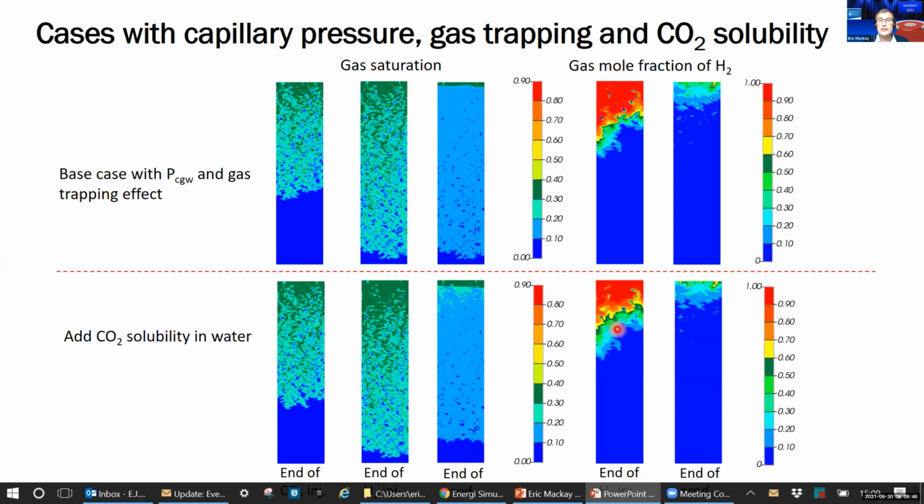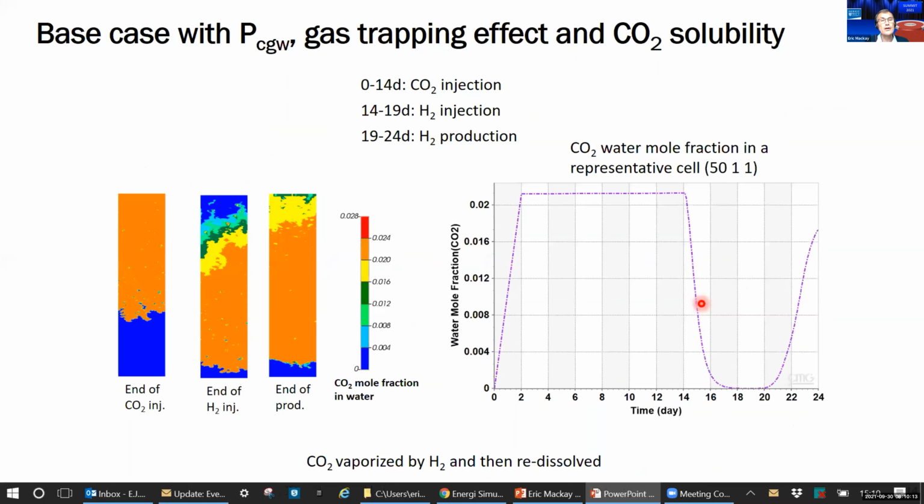We also see a greater degree of mixing of CO2 and hydrogen. We have a wider mixing zone, but now largely clearing out these little blue zones out here. So the hydrogen is now displacing out that CO2. The final picture looks relatively simple and similar in terms of the amount of hydrogen left in the system at the end of the production.